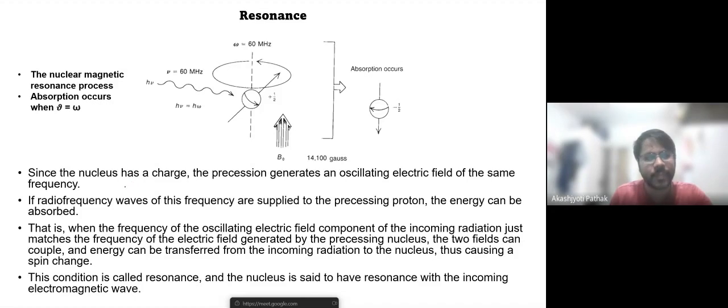Let's understand one by one what is happening. Since the nucleus has a charge, this precession generates an oscillating electric field of the same frequency. If radio frequency waves of this frequency are supplied to the precessing proton, the energy can be absorbed.